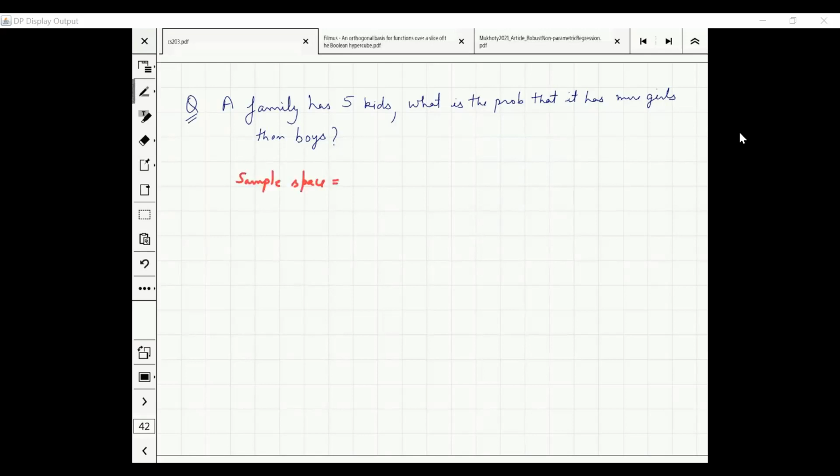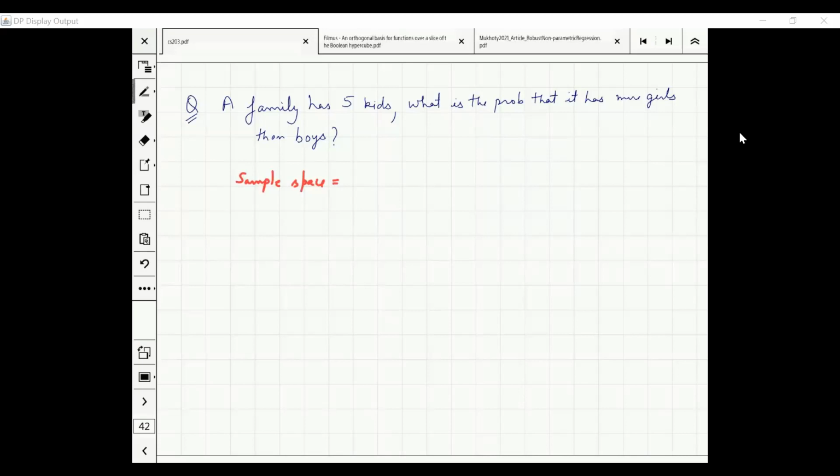Boy and girl. Like one boy, one girl. That should be the sample space, because it is the possibility of all distinct outcomes, so the combination of genders. A string of 5. Exactly, it is a string of 5 characters.